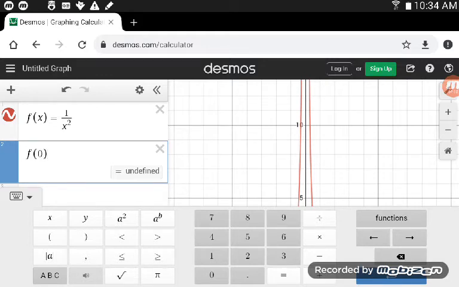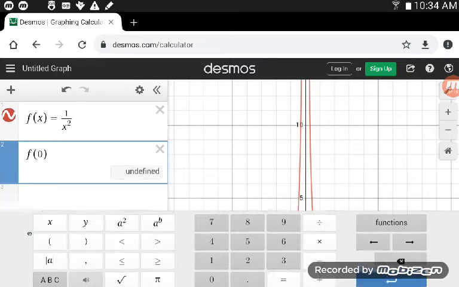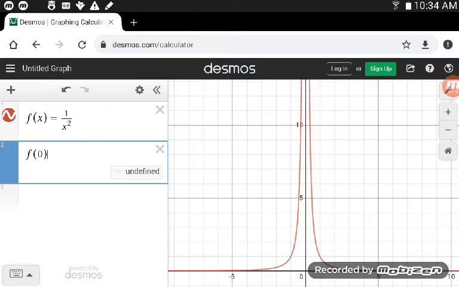And so I'm pretty sure that is where my asymptote is. Now also, I can do a little algebra and see that that's where I'm dividing by 0. So I think that's going to be it. Okay, so graphically, that's what we do.